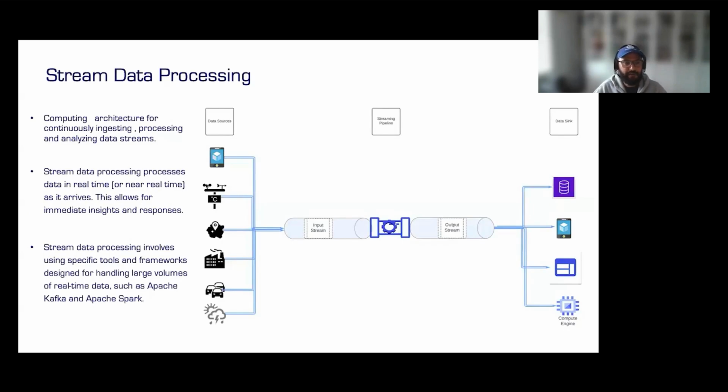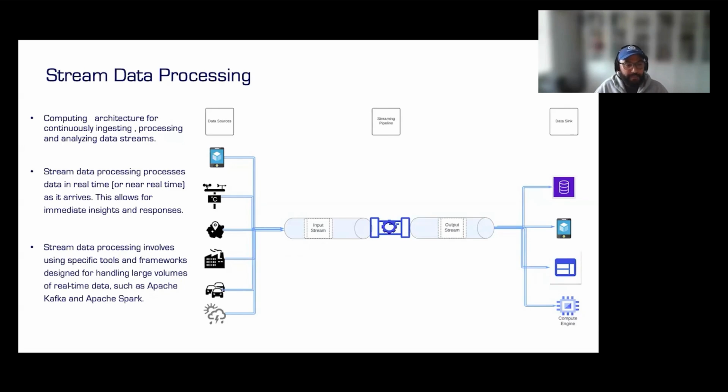Before we jump to this, there is a building block we have to have in place in order to start thinking about more advanced modeling and machine learning. Streamed data processing, which has been around for decades now, is just a computing architecture that helps to continuously ingest, process and analyze data streams.